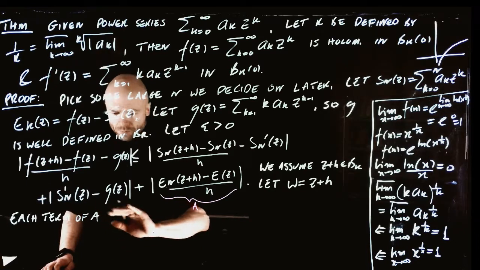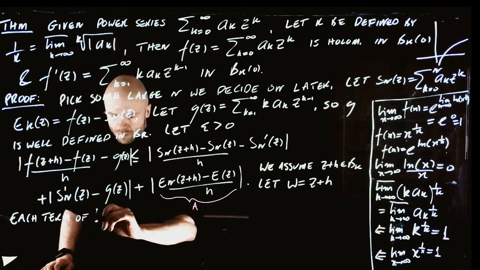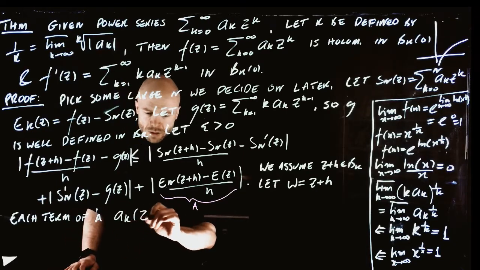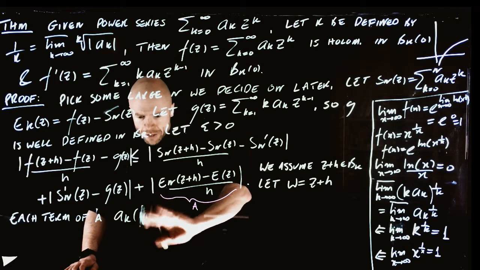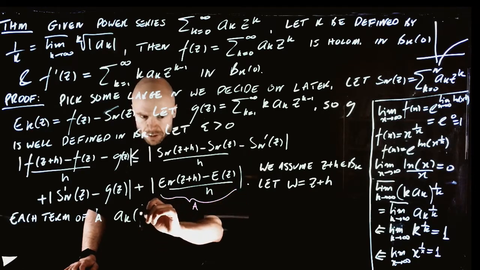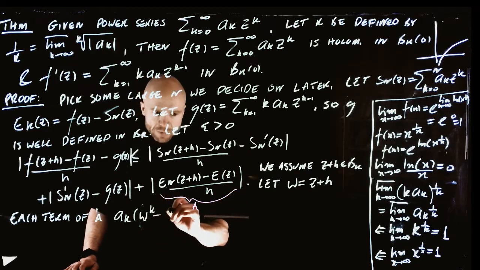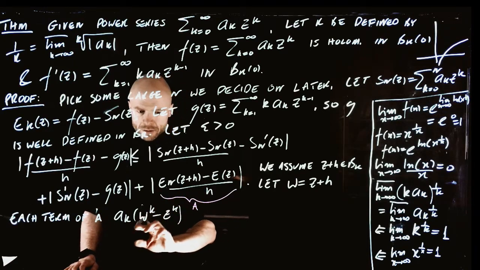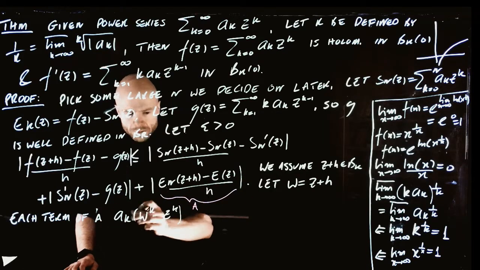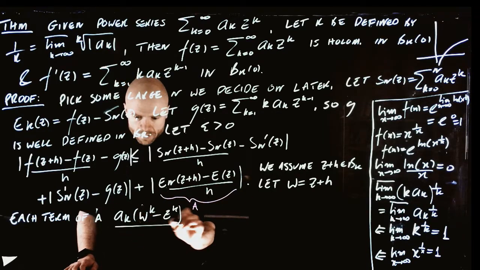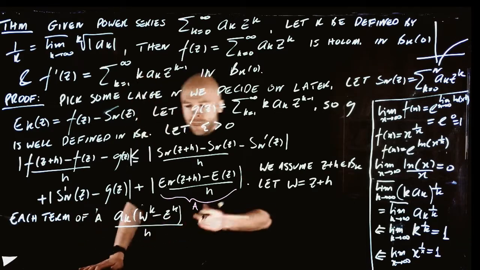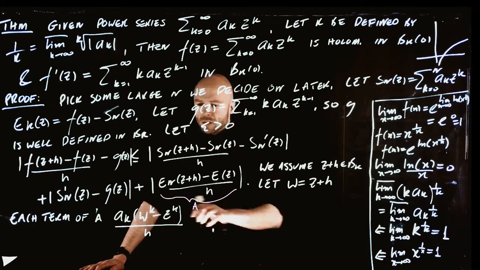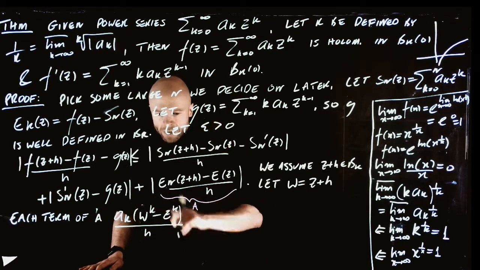will be something like a_k, using our notation, w to the k minus z to the k, divided by h. That's each term of this thing. So we want to try to estimate w to the k minus z to the k.